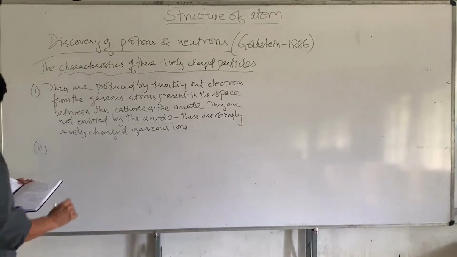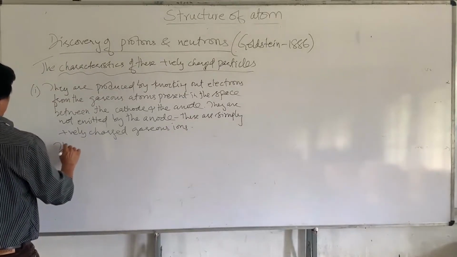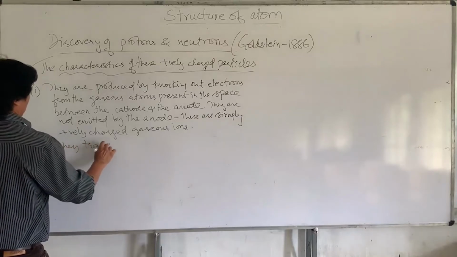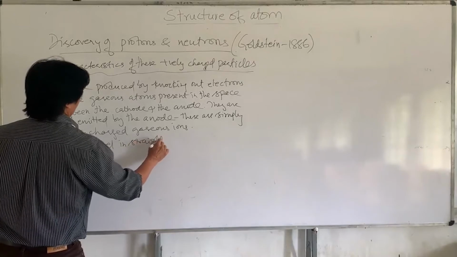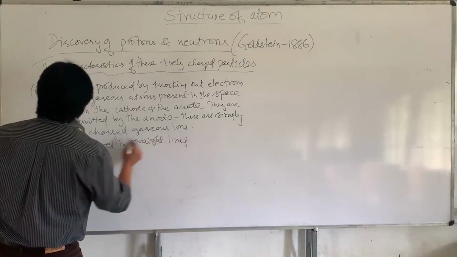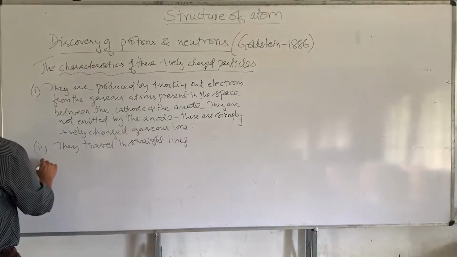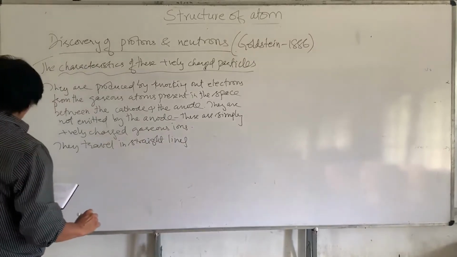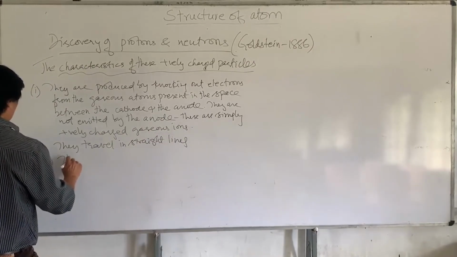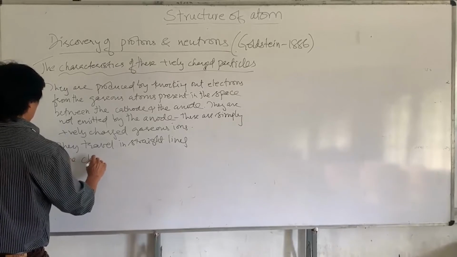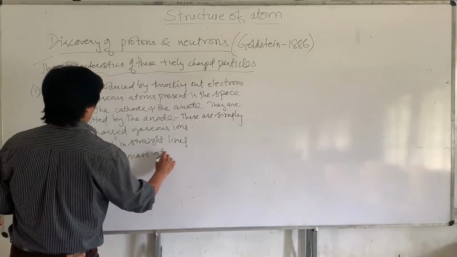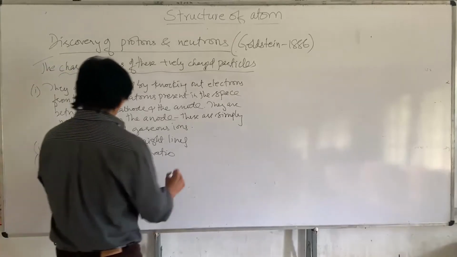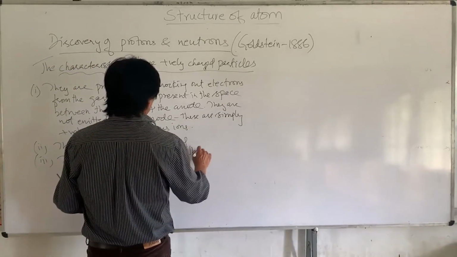The second one is that they travel in straight lines, just like cathode rays. And then the most important thing here is the charge to mass ratio of these particles.